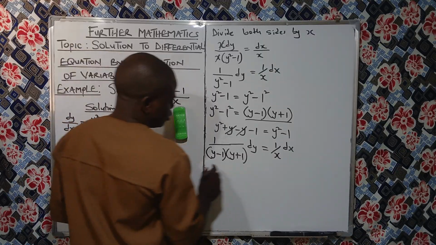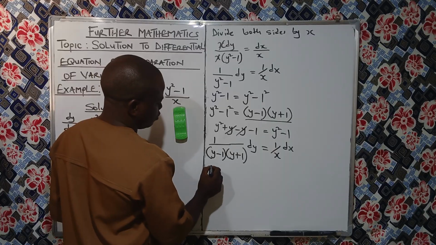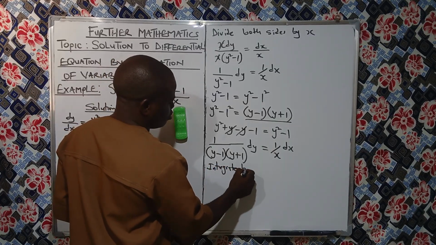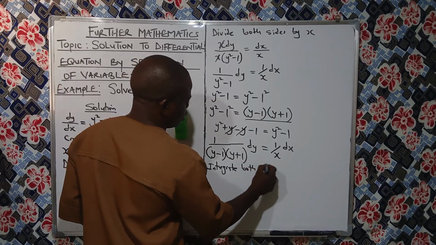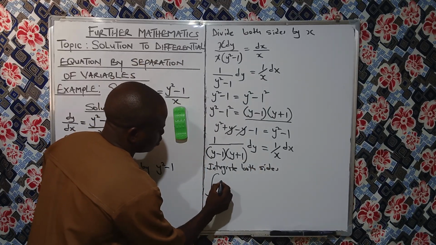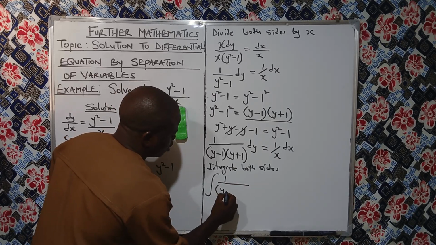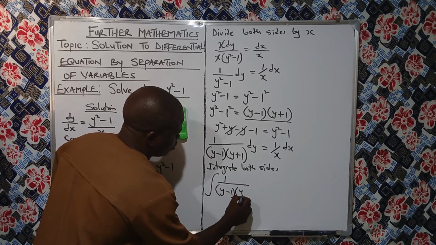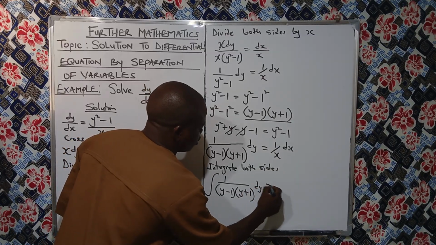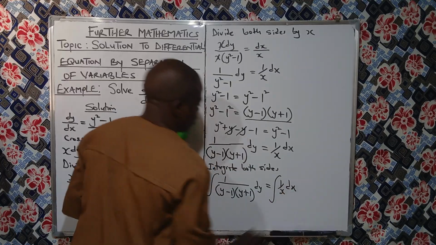Now since you have it like that, you can integrate both sides. Now write the integral of 1 over y minus 1, y plus 1 dy equals the integral of 1 over x dx.